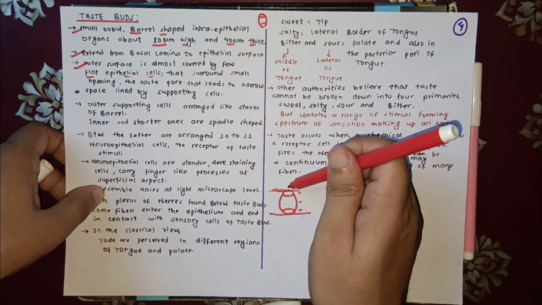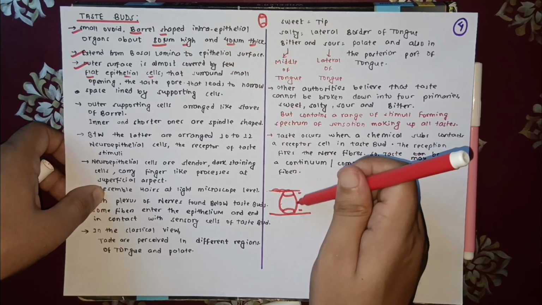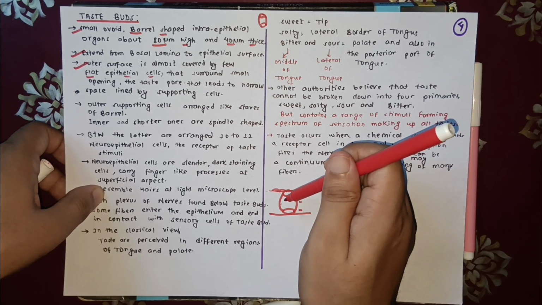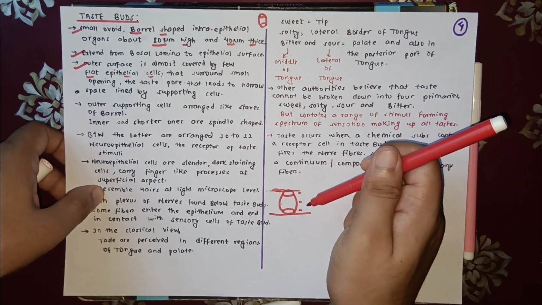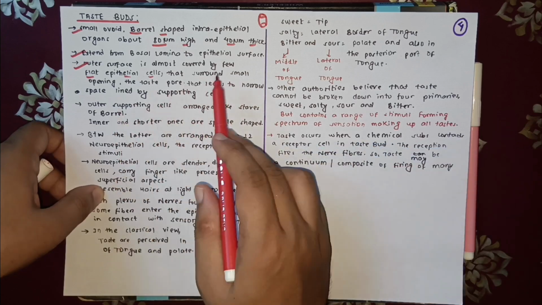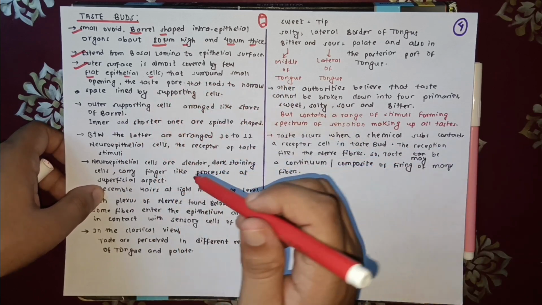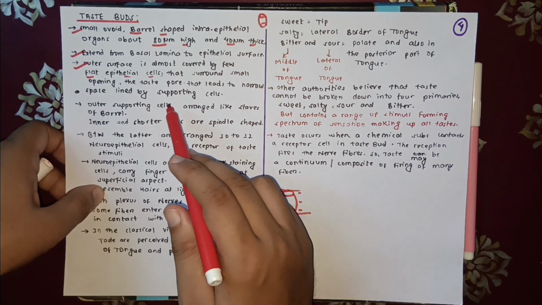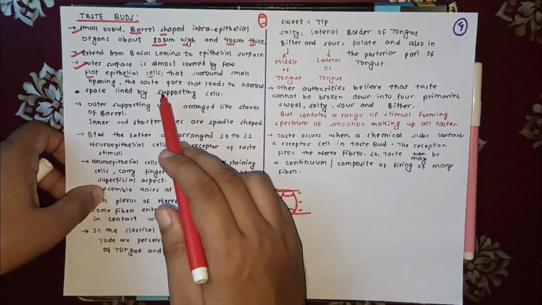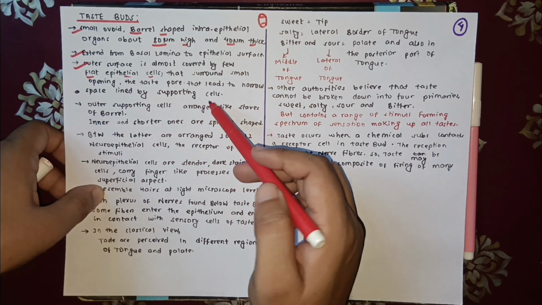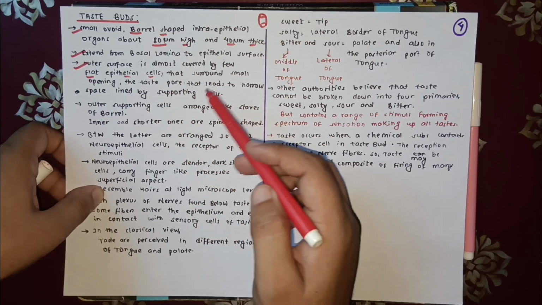So when you move inside the taste pore, we can see the narrow space that is lined by the supporting cells. So just remember, it is a barrel shaped cell, and there is a taste pore, and after you get inside the taste bud from this taste pore, we can see the space that is lined by the supporting cells. So you can remember it that way.